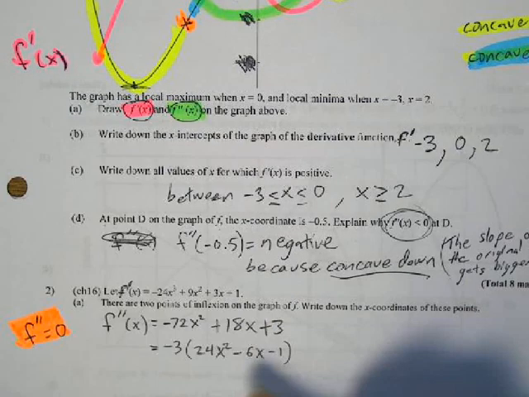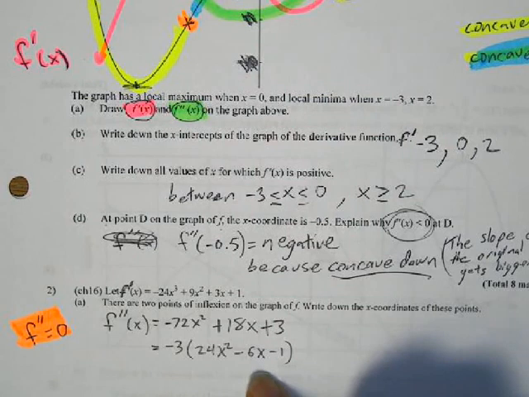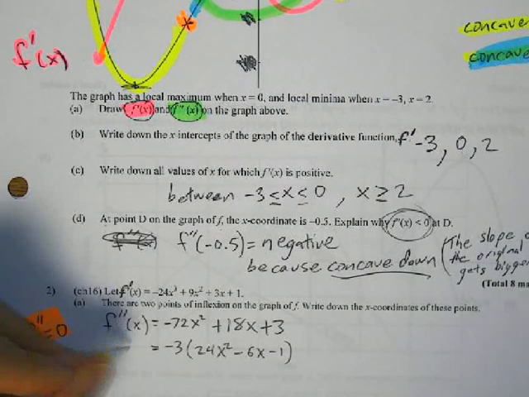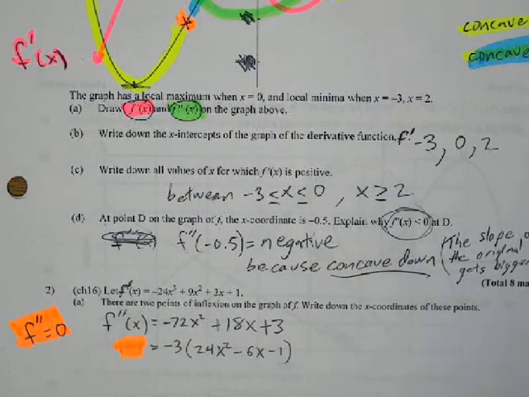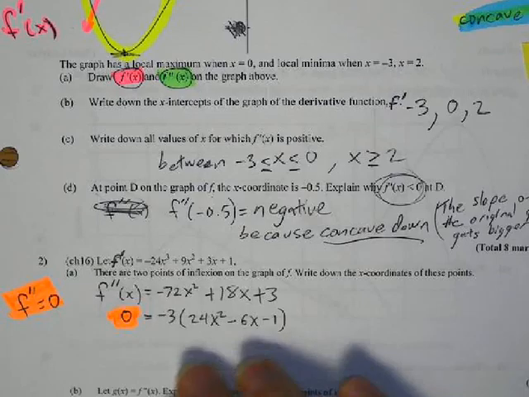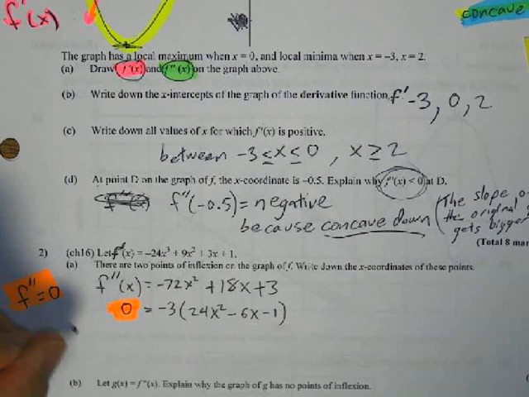And I think, oh, can I factor this? No, I can't. So we want to make this equal to 0. So to figure out how to make that equal to 0, I'm going to hit y equals on my graphing calculator.